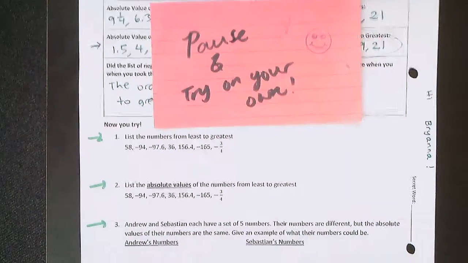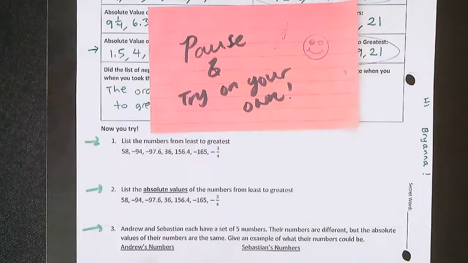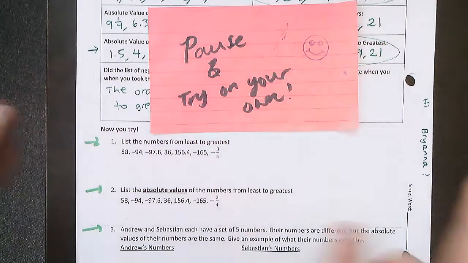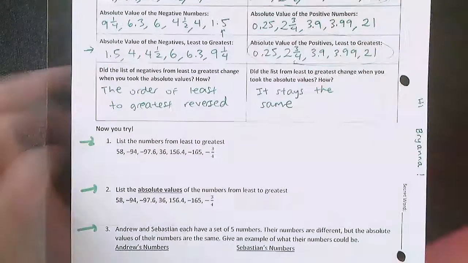All right, so pause and do these 3. Now you are resuming the video after you have tried these 3. Remember, try it on your own first so that you can challenge yourself to learn.